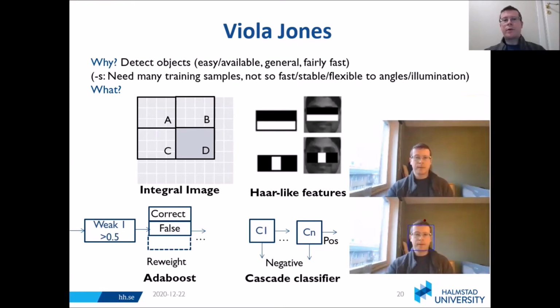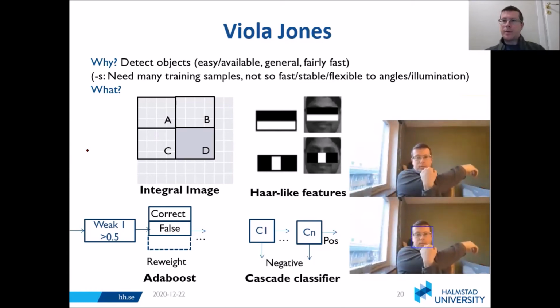So then if we want to find the intensities in region D very fast, it's just the value of the integral image at D plus the value at A minus B minus C. And that allowed for a massive speed up.